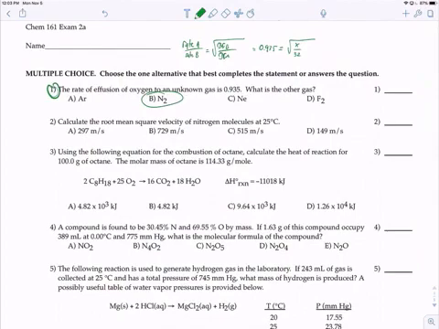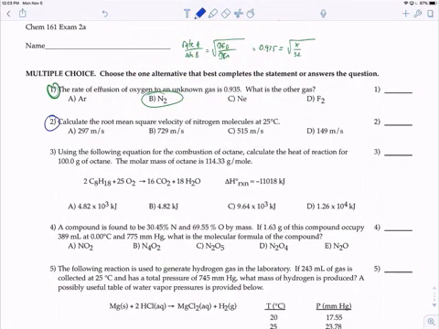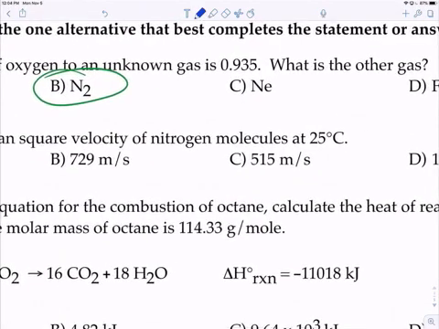Okay. Root mean squared velocity. The u_rms, you're given this: the square root of 3RT over the molecular weight. Even in the sheet it says molecular weight in kilograms.